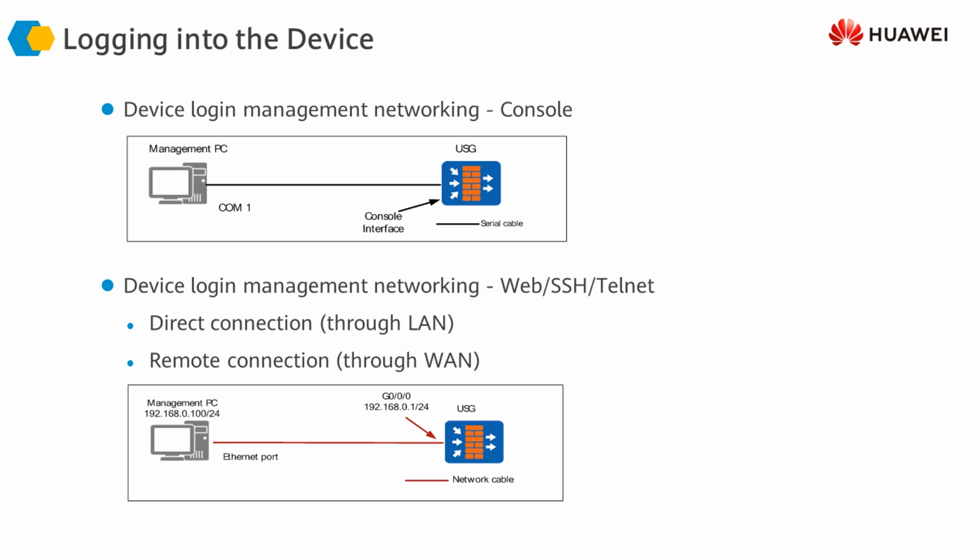It can be used for both command line CLI based configuration and web based or browser based configuration as well. So you can use either of these methods to access the device and do the relevant configuration.